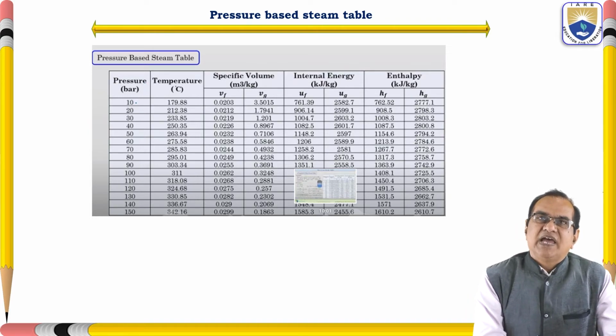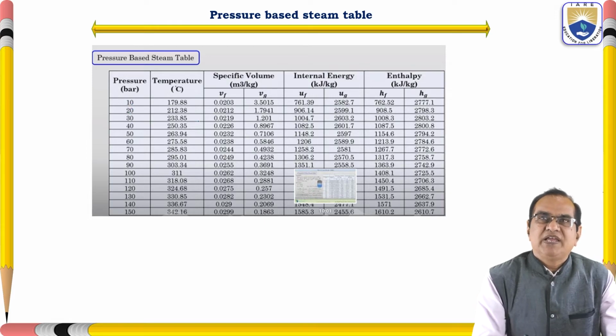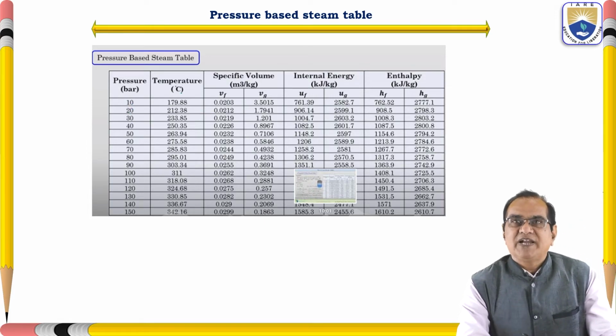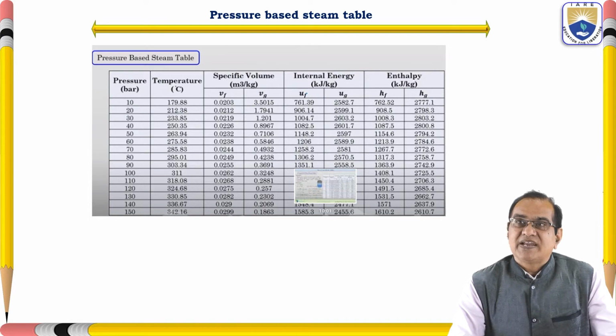It is 10, 20, 30, 40, all of these. But intermediate values you can also find out. There is no problem in this. It is very easy to find intermediate values by the interpolation method. And here is the temperature. And here is Vf, the specific volume of the liquid, and specific volume of the vapor. Here internal energy of the liquid, internal energy of the vapor, enthalpy of the liquid, and enthalpy of the vapor.